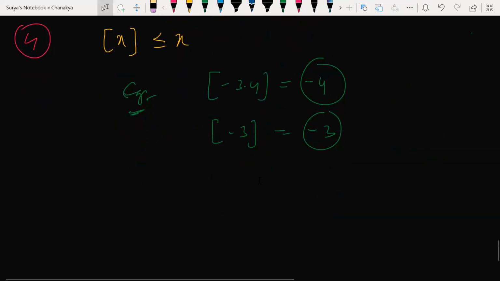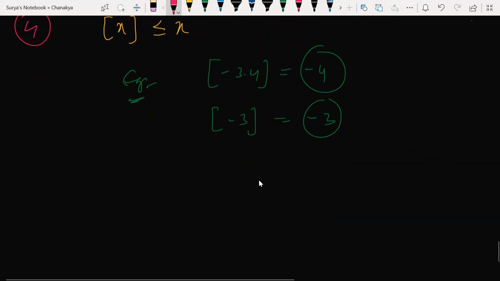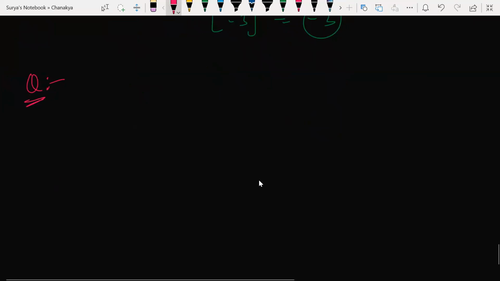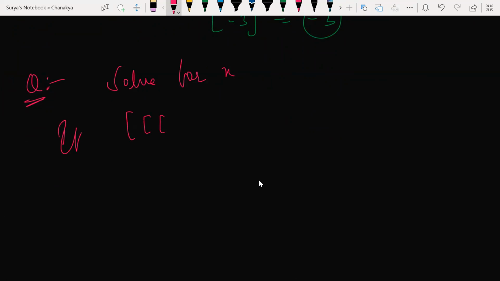Okay. So now shall we solve one question? I'll give one beautiful question based on the things which we have learned today. Solve for x. If step of x, first of all, look at it. I'll just give you only 2 or 3 brackets.